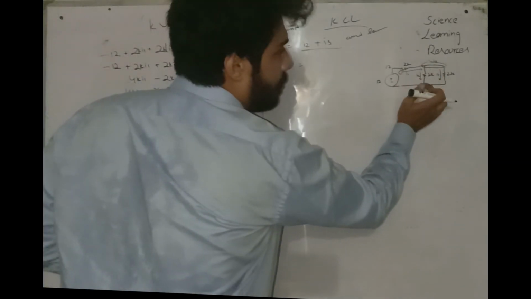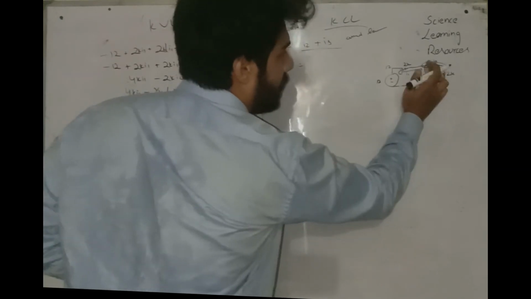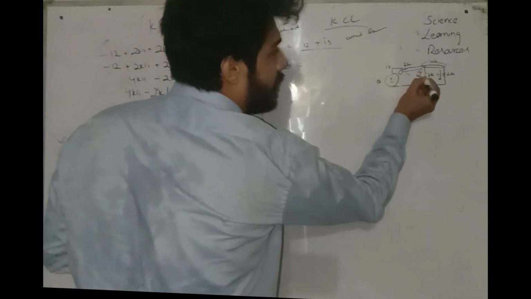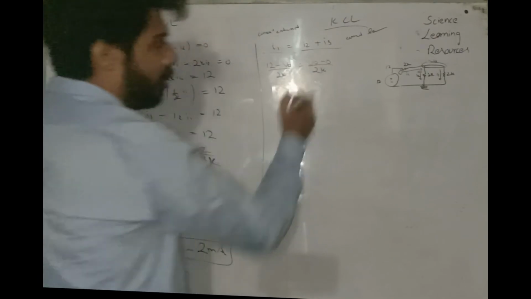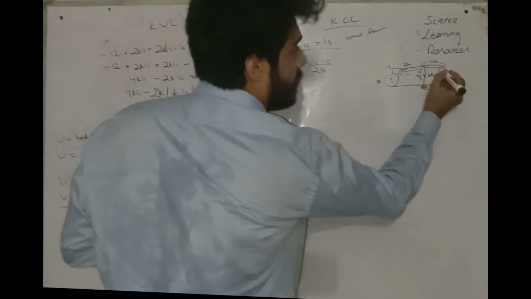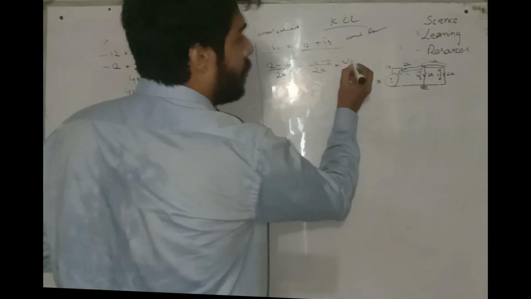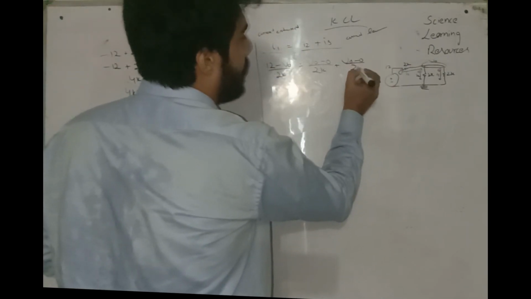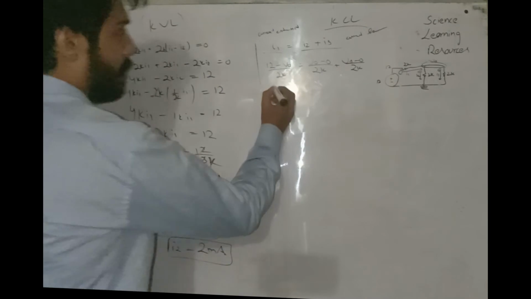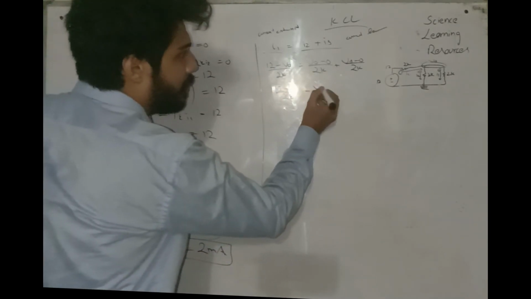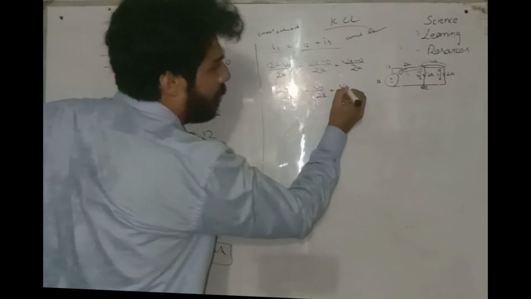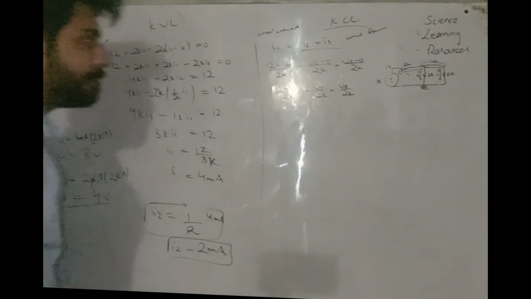I2 is V0 minus 0 because it is grounded, divided by 2 kilo ohms of resistance. Again at this tail it is V0 minus 0 divided by 2K.